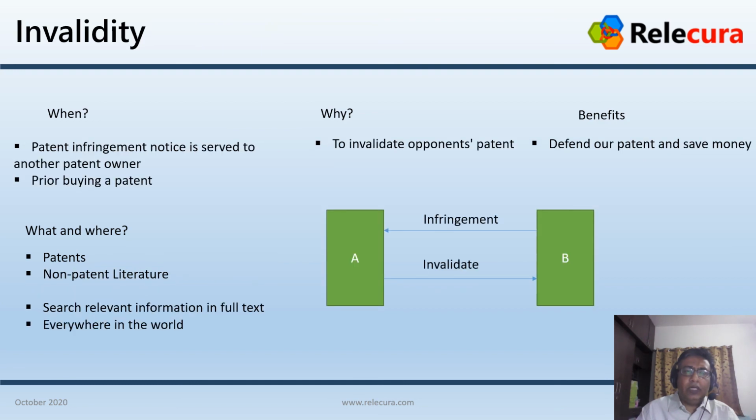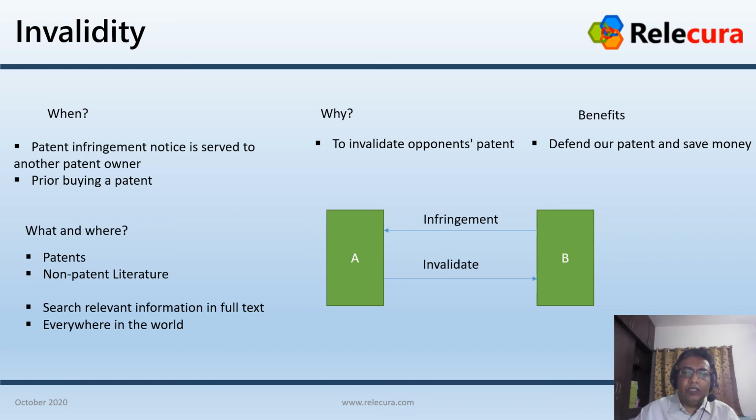Okay, so another type of search is invalidity search. This is very important, and it has been seen that whenever we want to do an invalidity search, somebody must be infringing, or there will be some kind of infringement notice which is served to the patent owner.